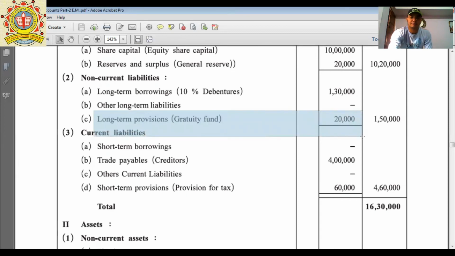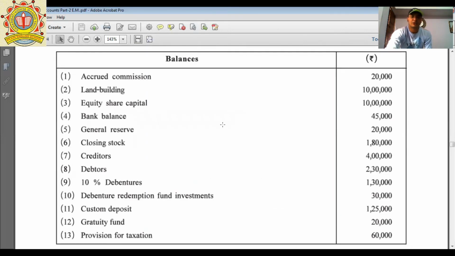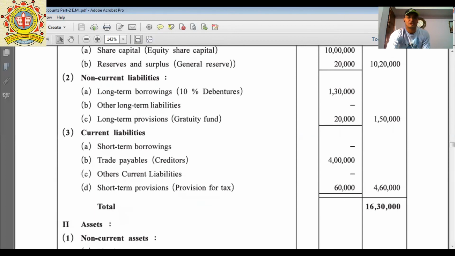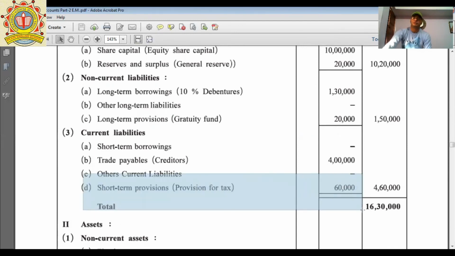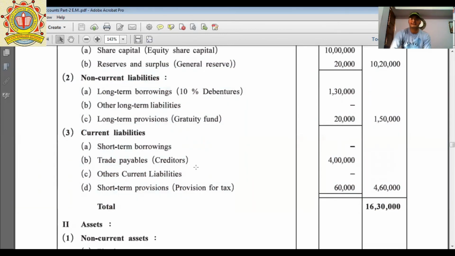It is a part of provision, and it is long-term provisions for 20,000 rupees. Provision for taxation. Here they have clearly said provision, so it is a part of short-term provisions, amount 60,000. Remember one thing: provision for tax is short term because tax has to be paid regularly on a yearly basis, and that's why it is short term, less than 12 months.